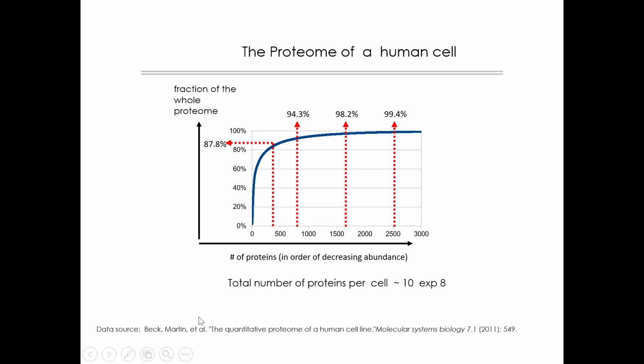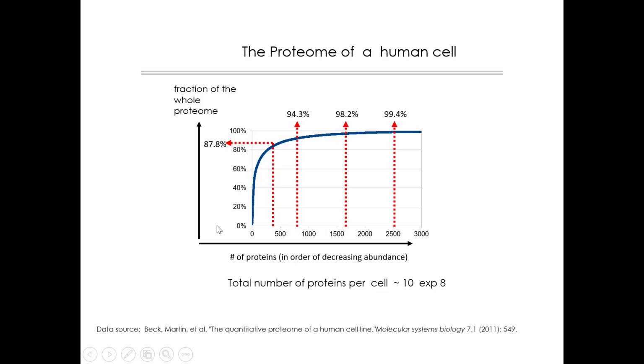This is based on work from Martin Beck, who was a postdoc in our group, and he worried about things like what's the dynamic range of proteins, what's the concentration of proteins in a cell. So based on results we generated this plot.